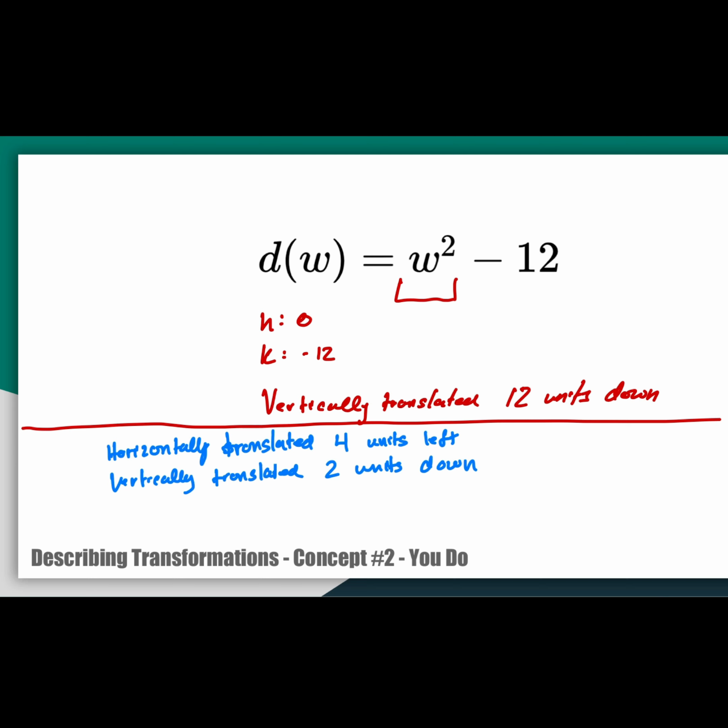To go the opposite direction, you need to figure out what your variables would be. We know horizontally is for h. We know that vertically is for k. K is easy. 2 units down. K must be a negative 2, right? H gets a little bit tougher when you look at it the other way. 4 units to the left must mean minus 4, right? Because if we go left, it's minus. If we go right, it's positive.